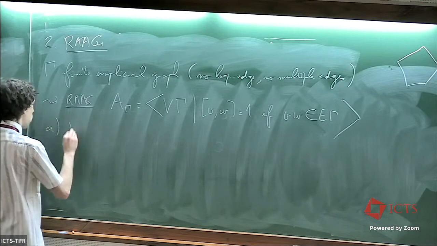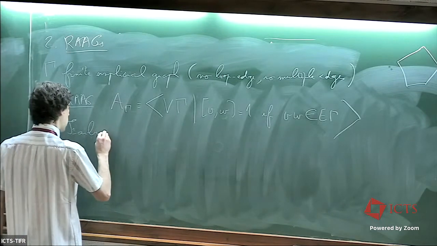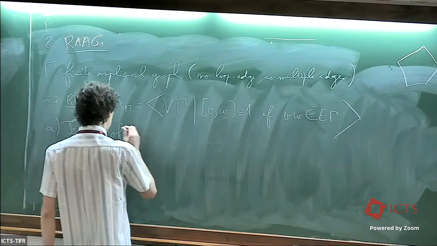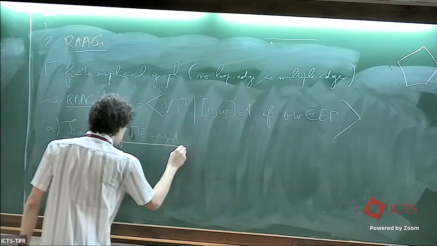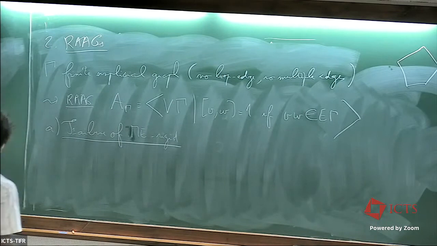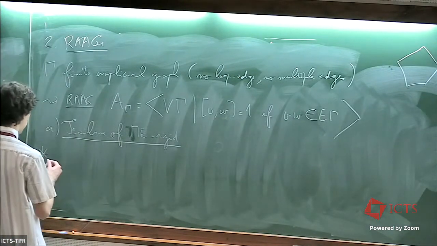Okay, so first of all, let me recall that RAAGs are not rigid in measure equivalence. One reason is because of graph products of amenable groups.